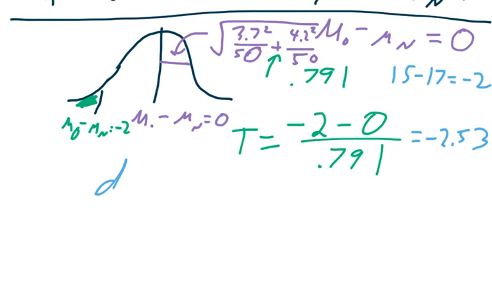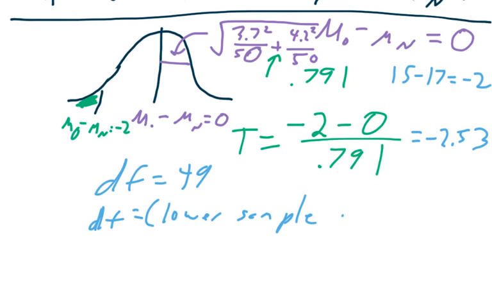Now for this, we're going to have degrees of freedom equaling 49. The way we get degrees of freedom is we take the lower sample, n minus 1. So in this case, both of them were 50, so it was even, and 50 minus 1 is 49.